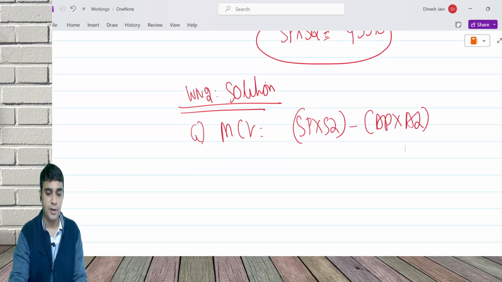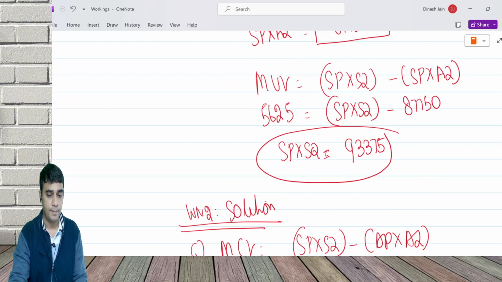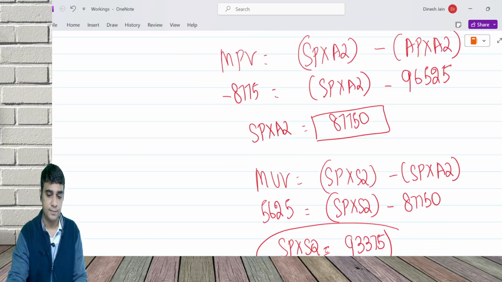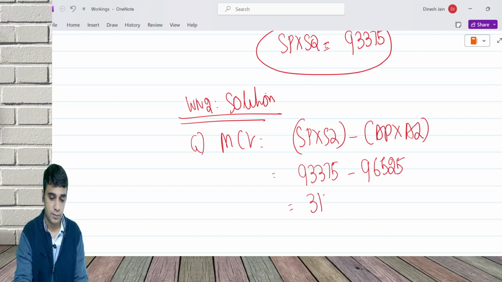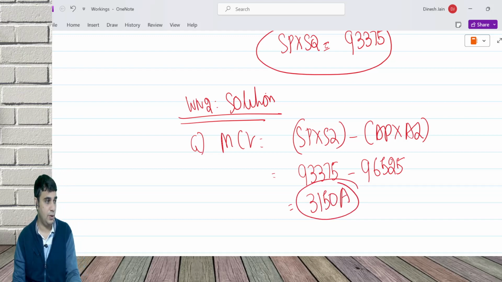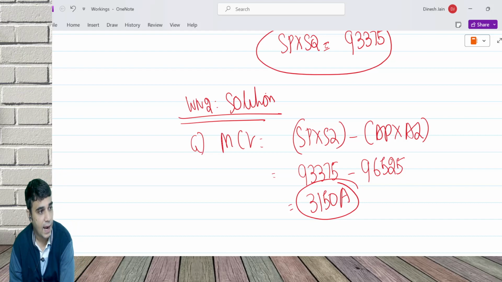Now, what is the SP into SQ number? 93,375 minus 96,525. How much do you get? 3,150. This number is nothing but the total of price and usage. If you put a total of price and usage, one is positive, another one is negative.